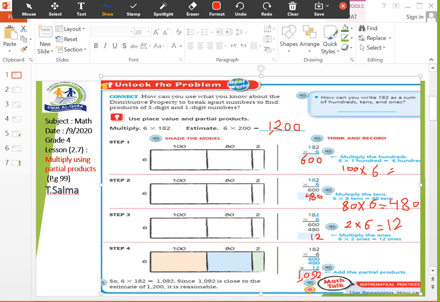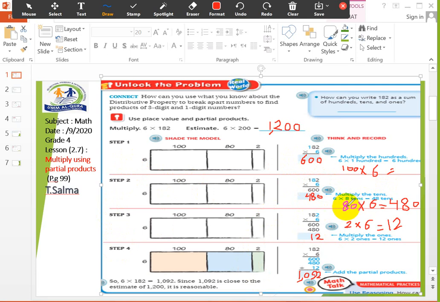Step 4, you want me to repeat step 4, Zen? Okay. Zen said that she wants me to repeat it. Okay. Step 4, after I multiplied. After step 1 and step 2 and step 3, I have to multiply the one-digit number with each value.